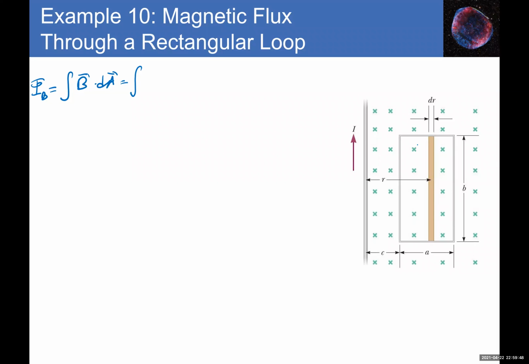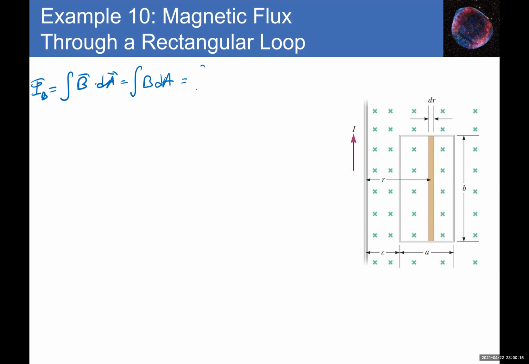So dA and the magnetic field are parallel to one another, because the magnetic field is perpendicular to the surface itself. So this is B dA. Remember, the dA vector will also be into the page, so they will be parallel to one another. So the magnetic flux can be written in terms of B dA.